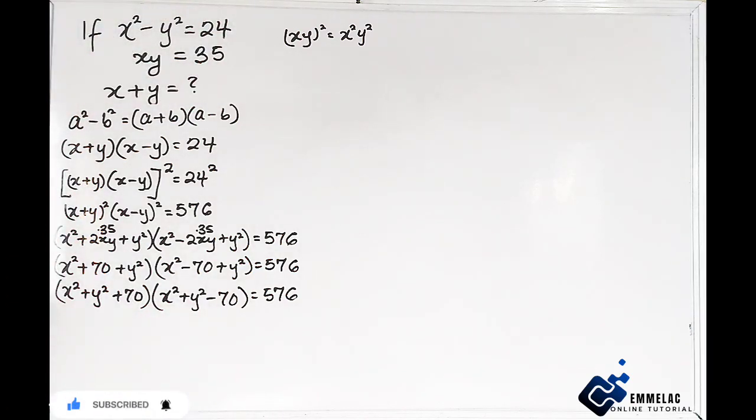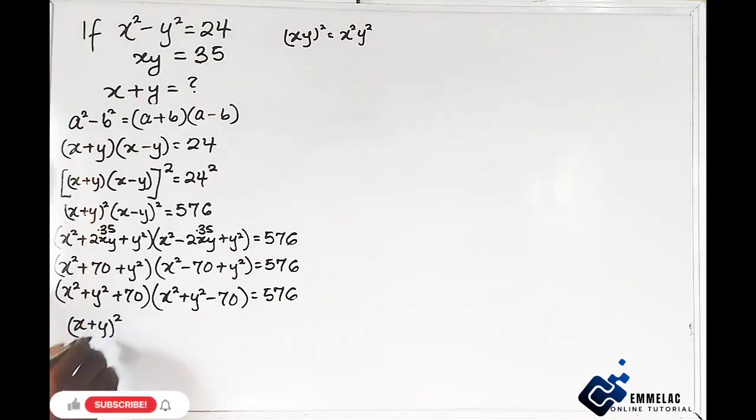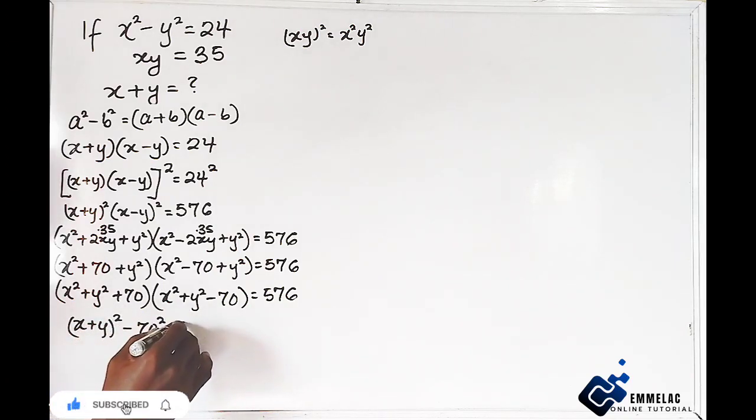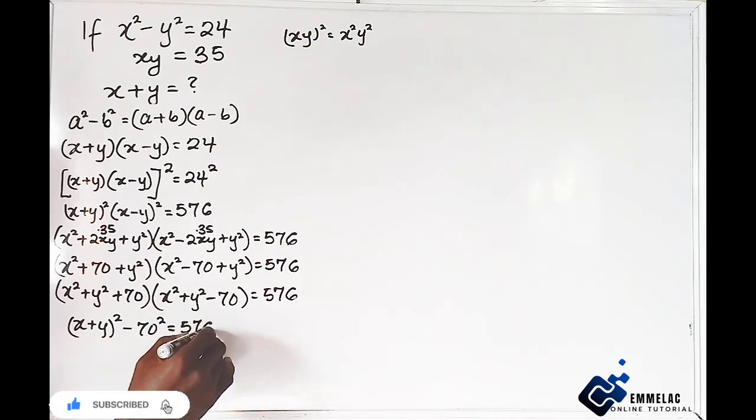So here we can now say this is x squared plus y squared all raised to the power of 2, then minus 70 raised to the power of 2 equals 576.